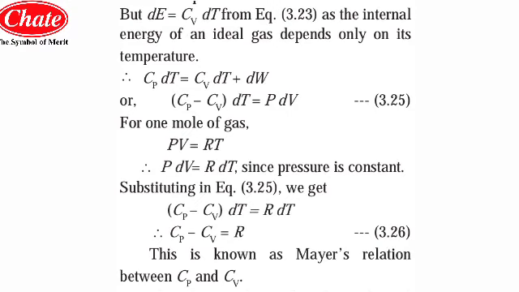So this may also be written as Cp minus Cv is equal to R, as dT gets cancelled on either side of the equality sign. This is known as Mayer's relation between Cp and Cv, the molar specific heat at constant pressure and the molar specific heat at constant volume.